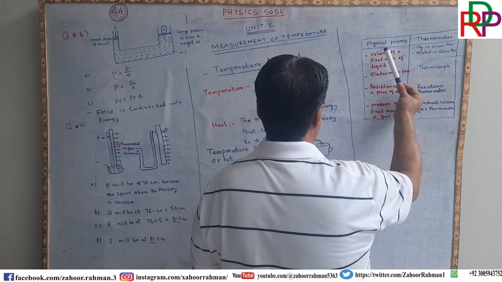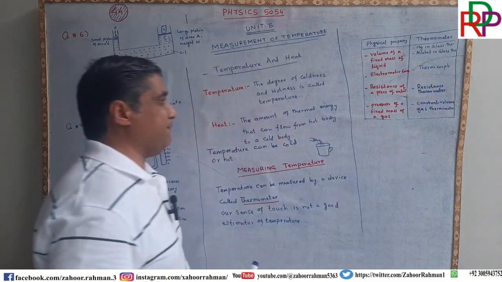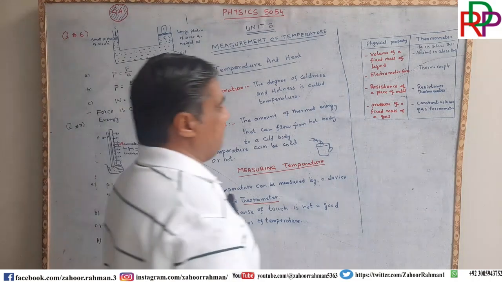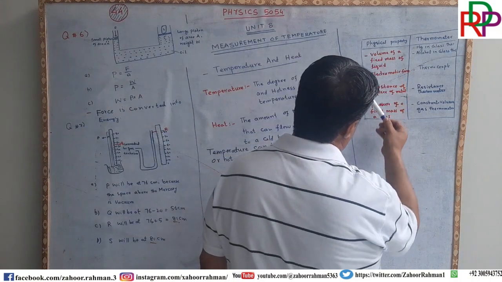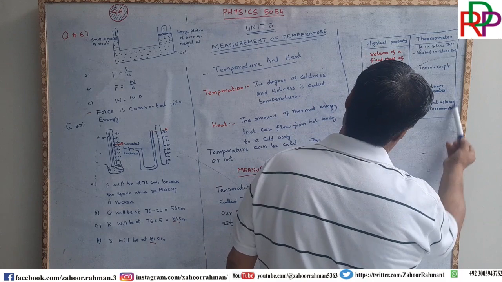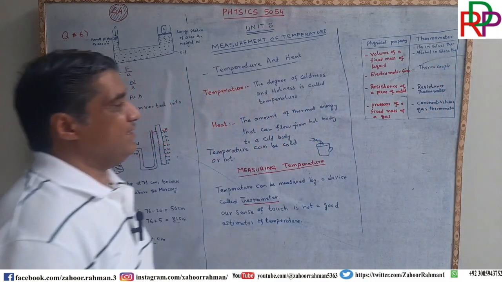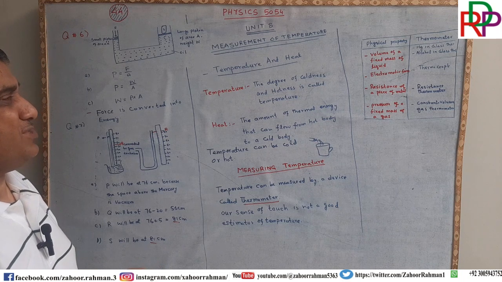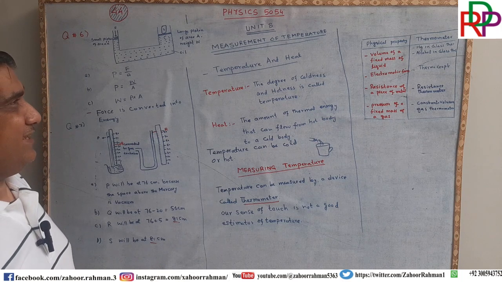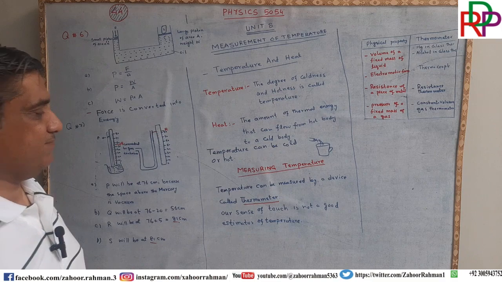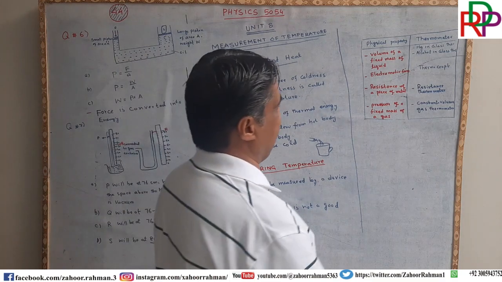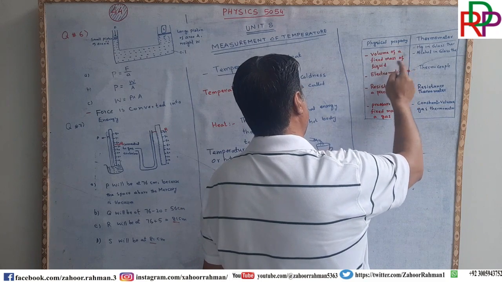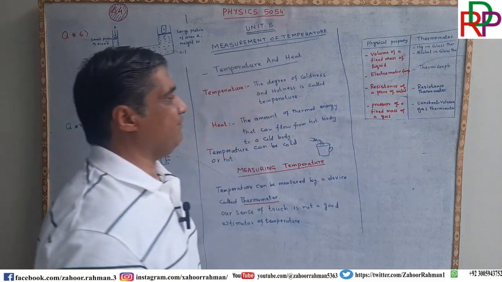Every thermometer uses a specific property, and we have a table here in which we compactly list the different properties used to create different thermometers. Let us discuss it. Physical property: volume of a fixed mass of liquid.